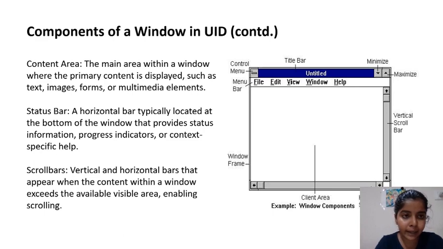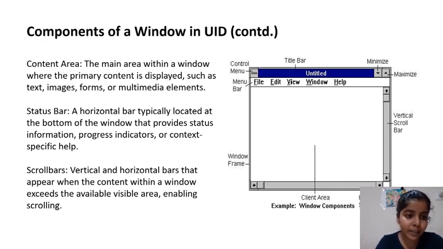The next slide is components of windows in UID: content area, status bar and scroll bars. The content area is the main area within the window where the primary content is displayed, such as text, images, fonts and multiple media elements.